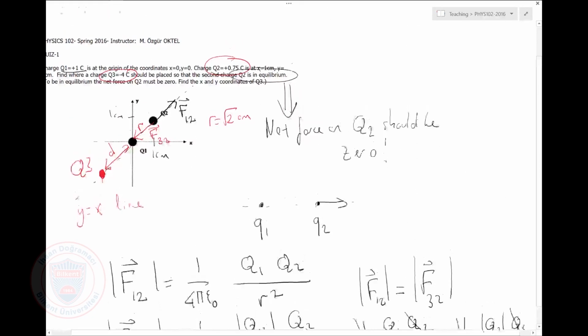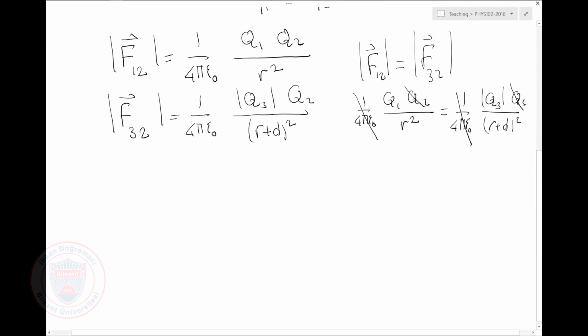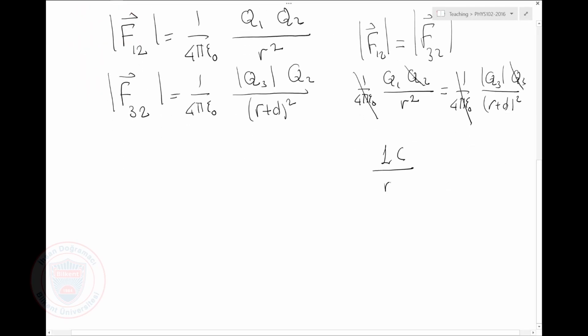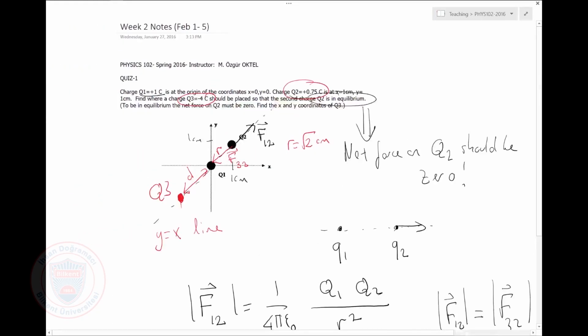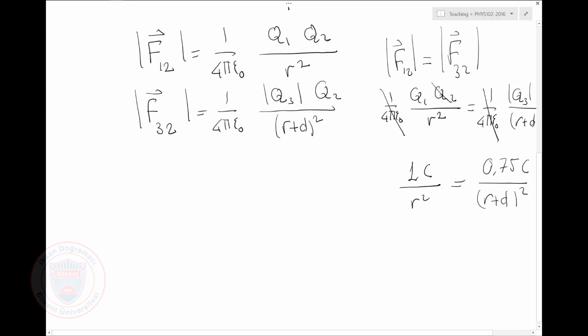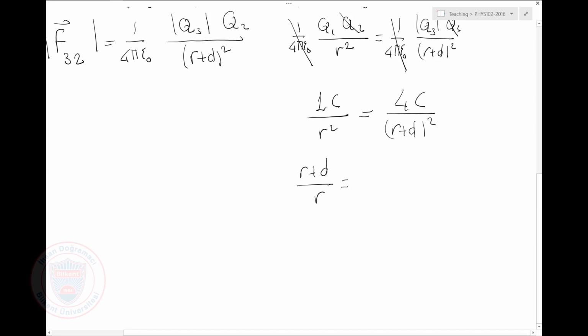Q1 is 1 coulomb divided by R squared. Q3 is, let's see, Q3 is minus 4, so this should be 4 coulombs. Excellent, thank you. So what do I find? R plus D over R is square root of 4, which is 2, which means D is R.